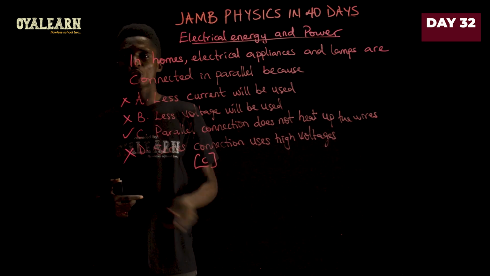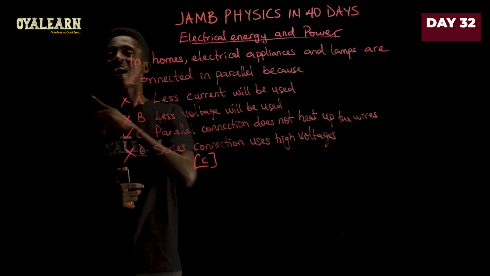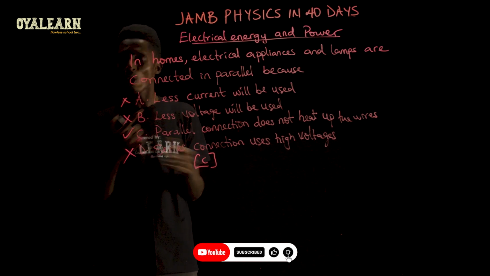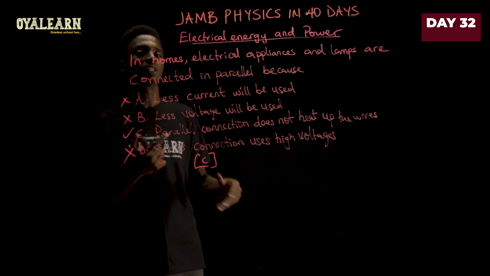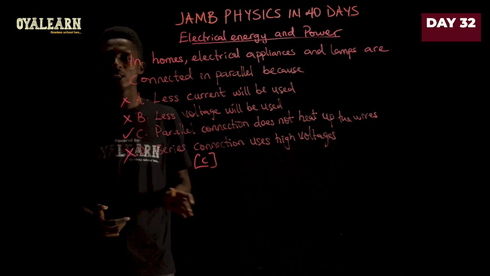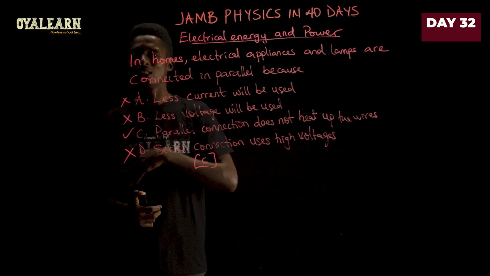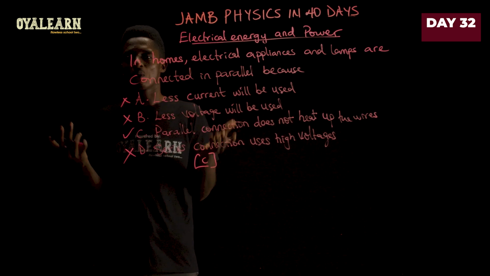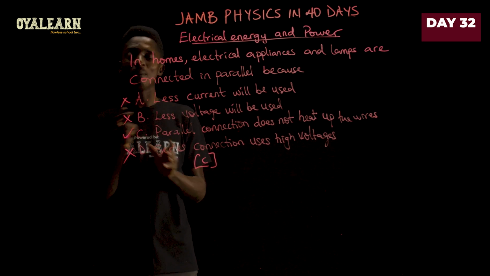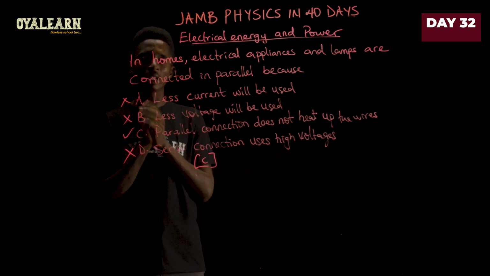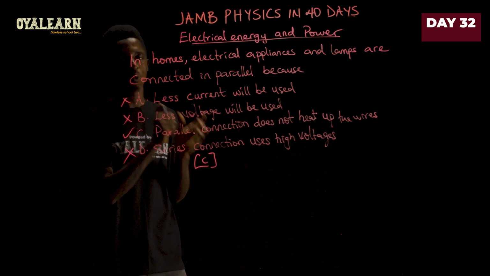But in series connection, only one switch is going to work for everything, which is also why if one of the devices is faulty, it will affect the functioning of the other devices in series connection. But for parallel connection, when one is faulty, it just overrides that and the others continue to work until you fix the one that is faulty. So that's one of the major reasons why parallel connection is preferred for house wiring.